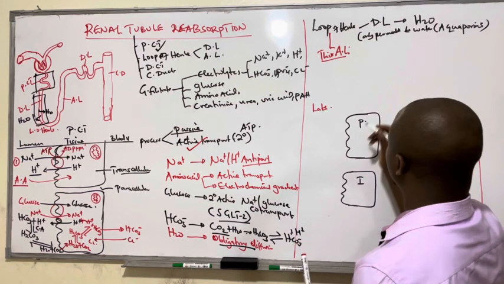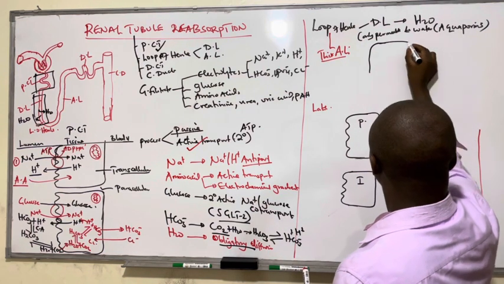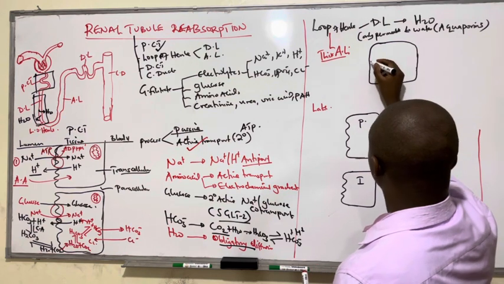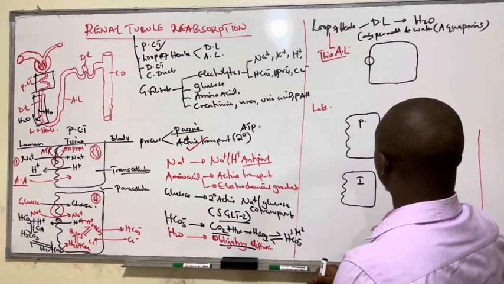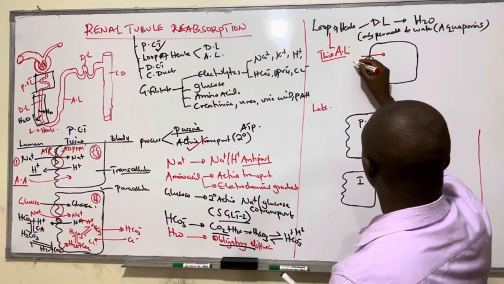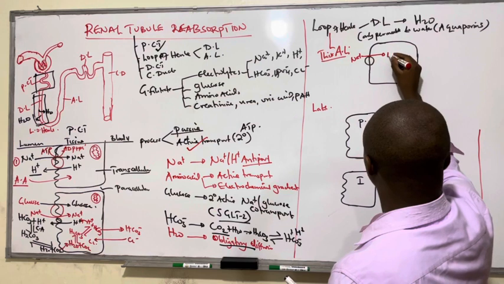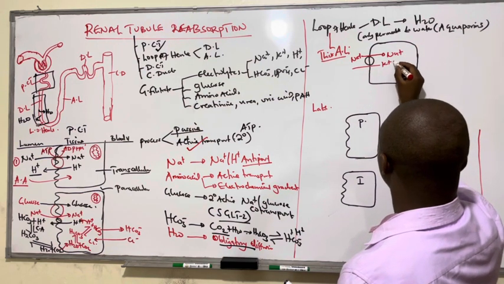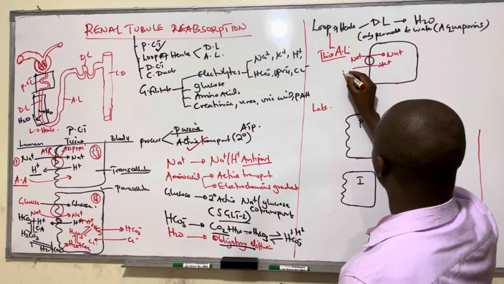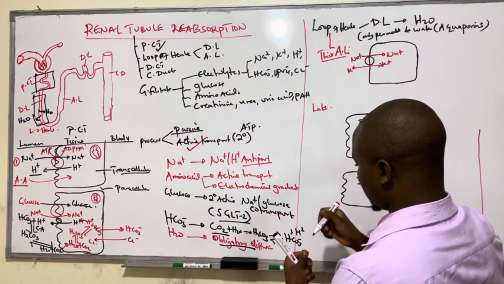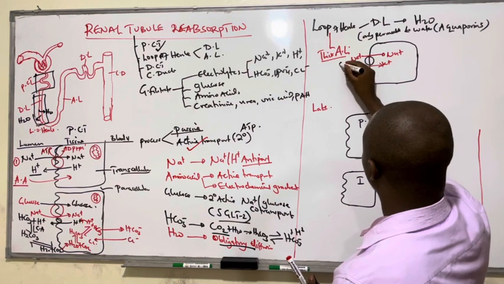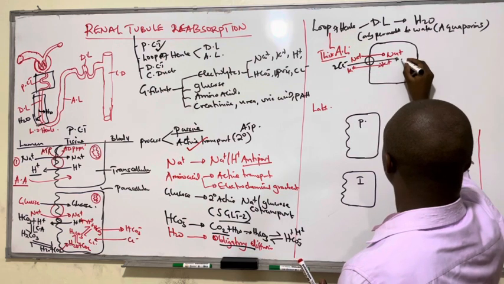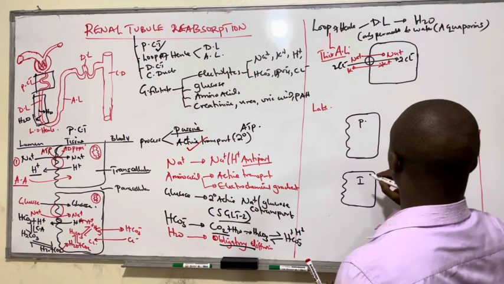If we have this as our ascending limb, it has a transporter which takes in sodium, and as sodium is entering, it moves together with potassium, and when chloride sees potassium has entered, we see also reabsorption of chloride, and there are two of them. So two chlorides enter together with them.